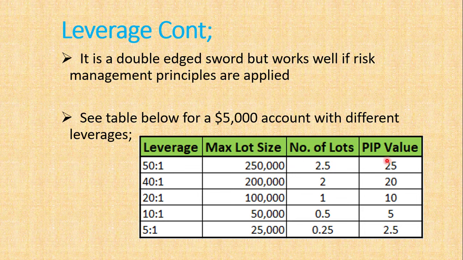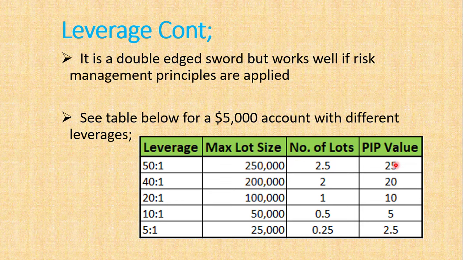And this is the reason you have had people blowing their accounts within days or within hours, because somebody picks a leverage value which is too high. If it's too high, the gains might be too high, but when the losses are too high, that's the point whereby you eventually lose your money. So be very careful when choosing the leverage to work with.